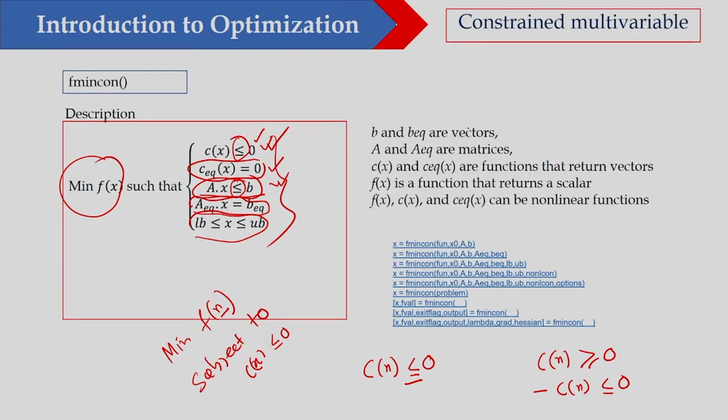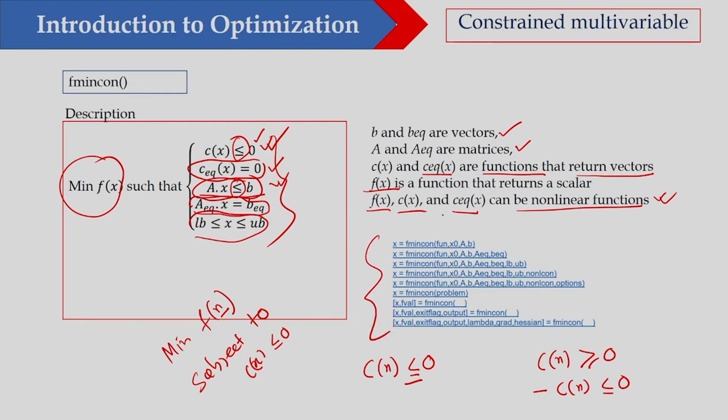So, b and beq are vectors and A and Aeq are matrices, then c(x) and ceq(x) are functions that return a vector, and f(x) is the objective function, and f(x), c(x) and ceq(x) can be nonlinear functions. So, this is the syntax of the fmincon function.